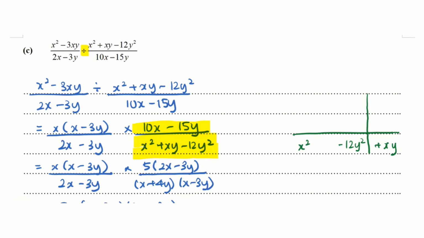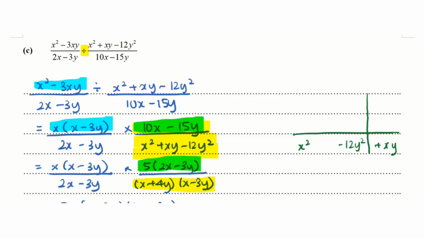So in the skill of factorization, the numerator can actually be factorized for the left fraction, and we get this. And then after that, 10x minus 15y can also be factorized such that I have 5 times 2x minus 3y. Then finally, x squared plus xy minus 12y squared can also be factorized to give me x plus 4y times x minus 3y.